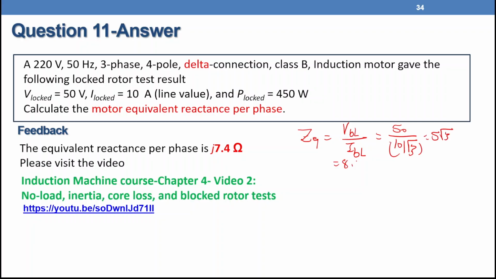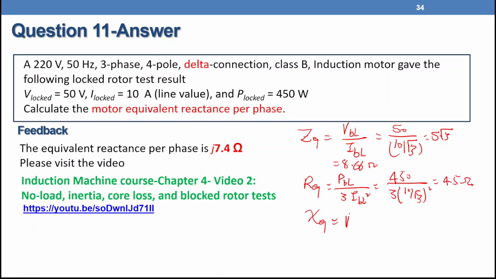equals 8.66 ohm. But we need to calculate R equivalent, and R equivalent equals P locked or blocked over 3 I blocked square. So that one will be 450 over 3 times 10 over root 3 square. So that one gives you 4.5 ohm. X equivalent equals root Z equivalent square minus R equivalent square.